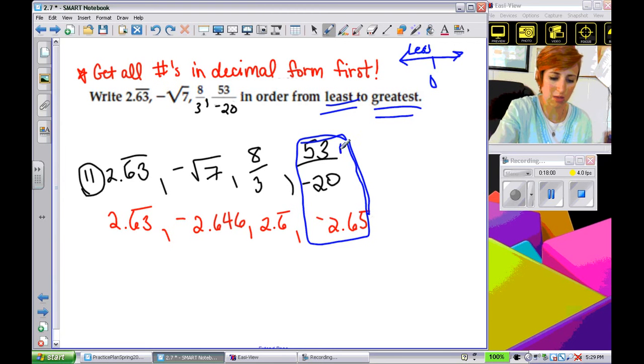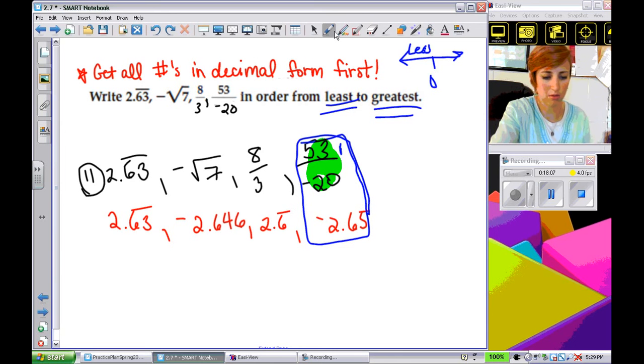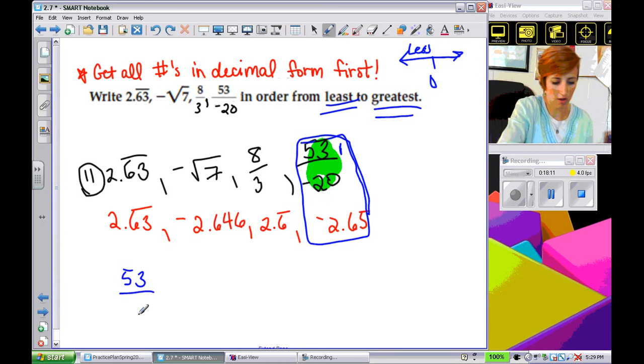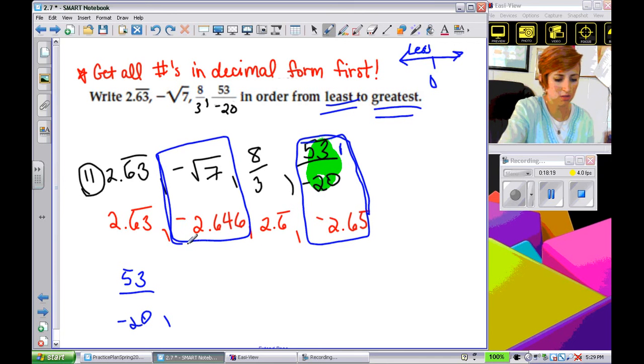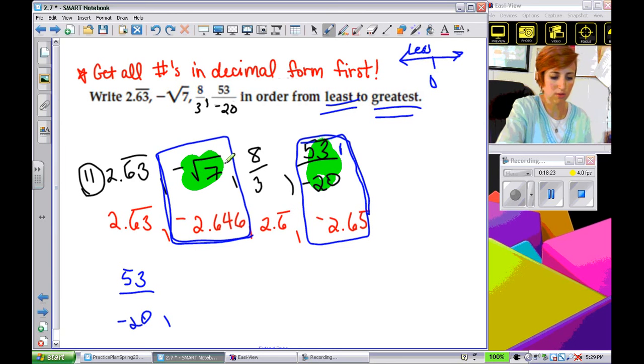So this is number 1. It's my smallest one. And what I'm going to do is I'm going to write the original. So I'm going to write down 53 over negative 20. Then my only other one I have is my negative square root of 7. So once again, we're going to write in the original, which was negative square root of 7.